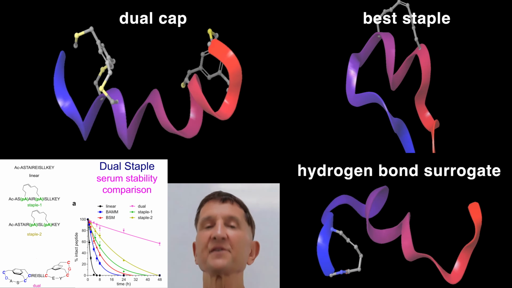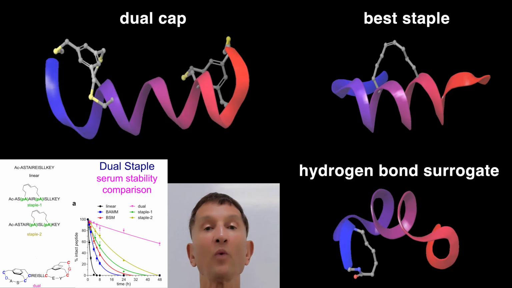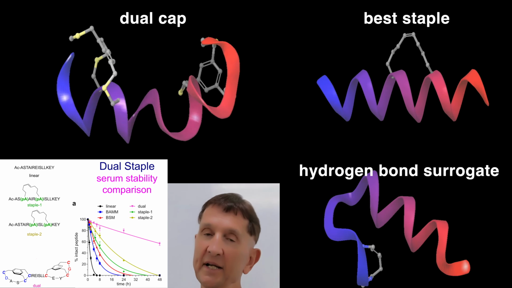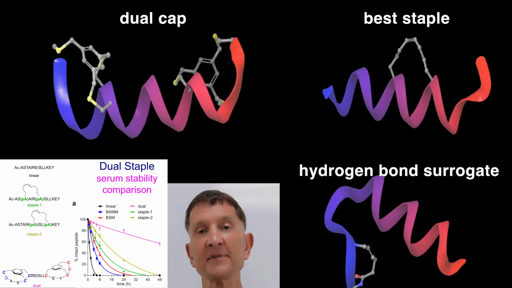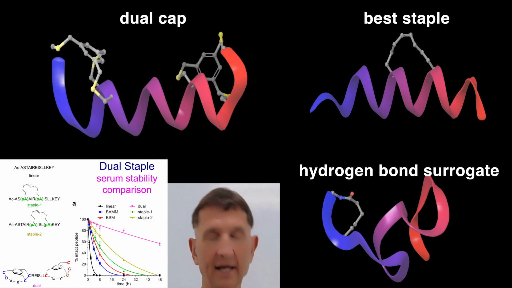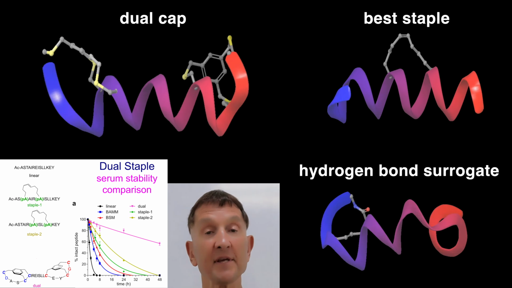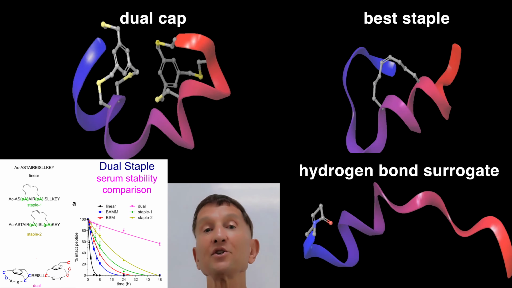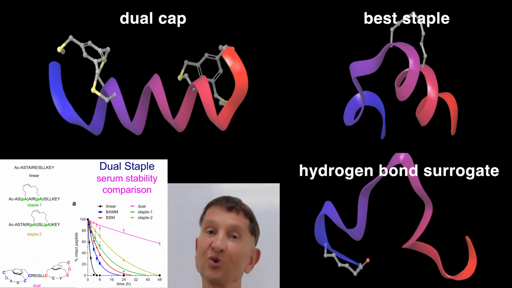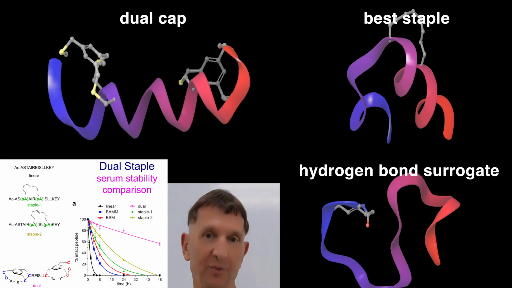But the really nice comparison for us came when we put the stapled mimics and the dual cap system into human serum and measured the stability. As you might expect, the stapled systems degrade from the C and the N terminus, and by HPLC mass spec, we could see the degradation products. But the dual cap system was far more stable.